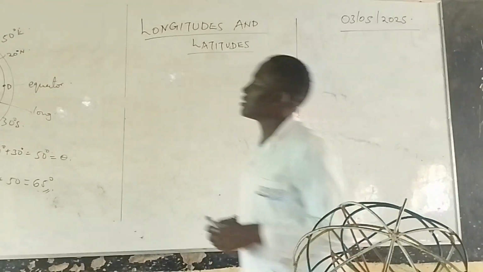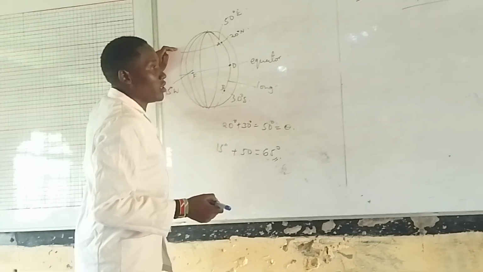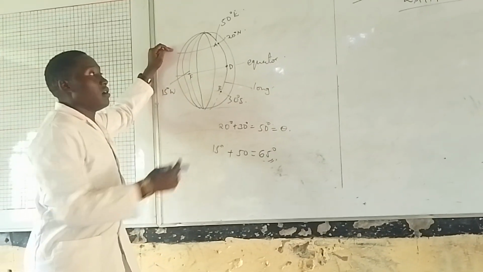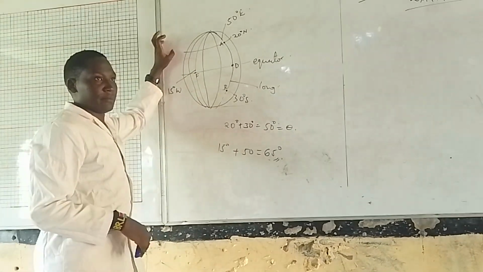Therefore, if I'm moving along this latitude, it is always given in degrees north and degrees south.